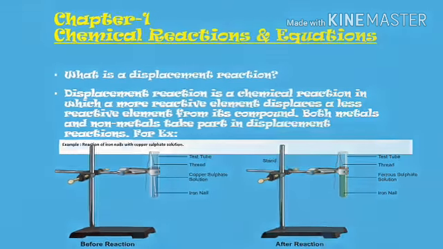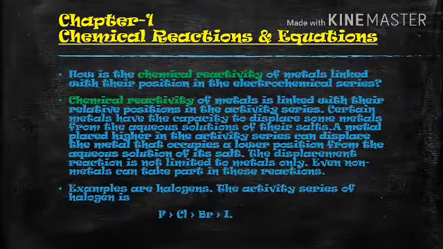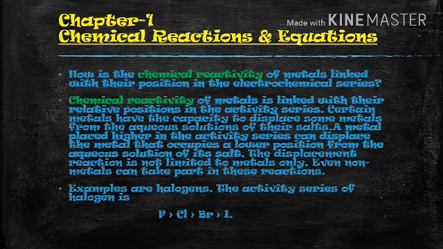Now a question: how is the chemical reactivity of metals linked with their positions in the electrochemical series? The chemical reactivity of metals is linked with their relative positions in the activity series. Certain metals have the capacity to displace some metals from the aqueous solution of their salts.